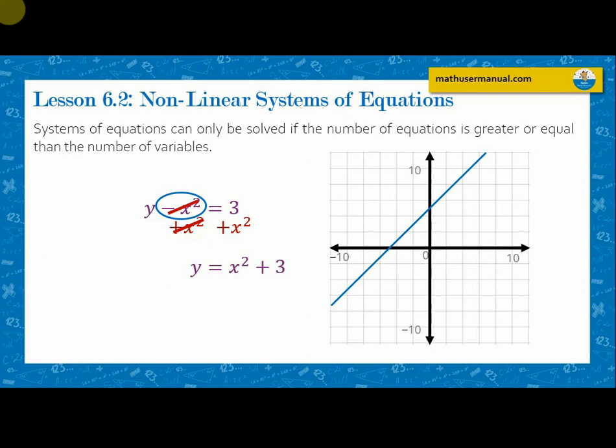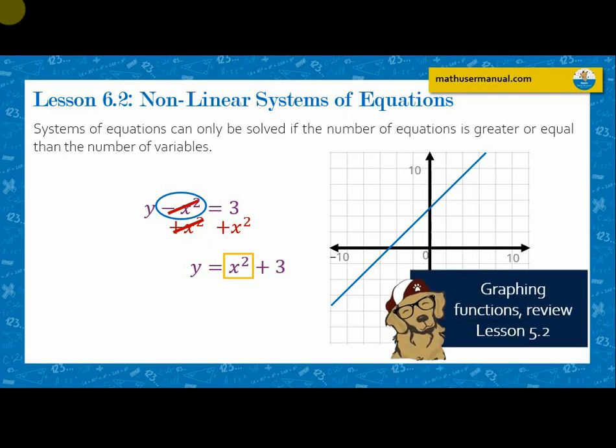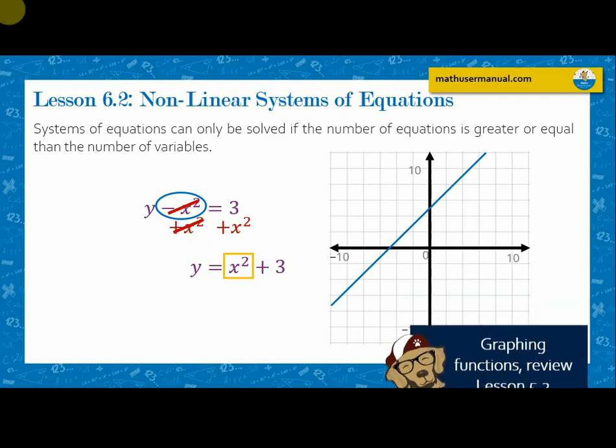This is a quadratic equation. Quadratic equations, we have a full unit in Unit 7 talking about quadratic equations, but we actually learned how to graph these quadratics in lesson 5.2, so feel free to review lesson 5.2.